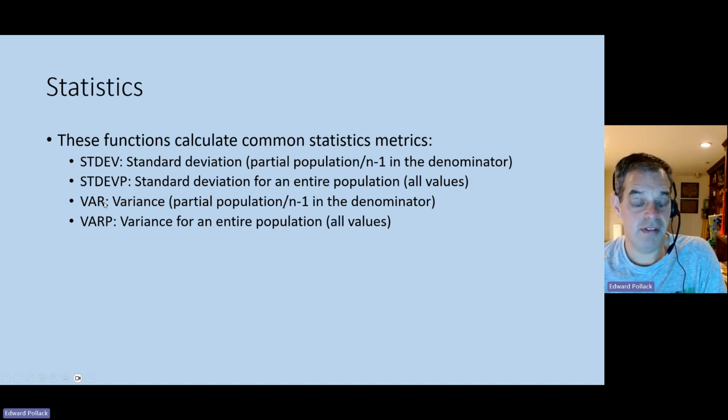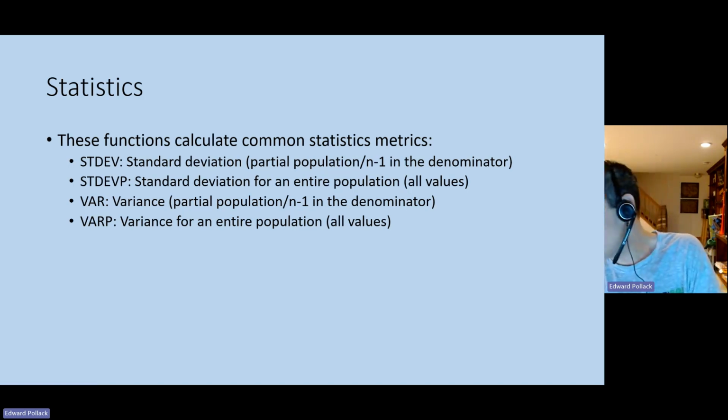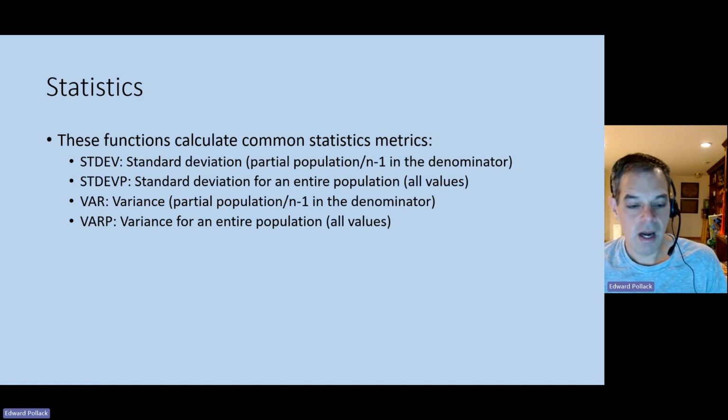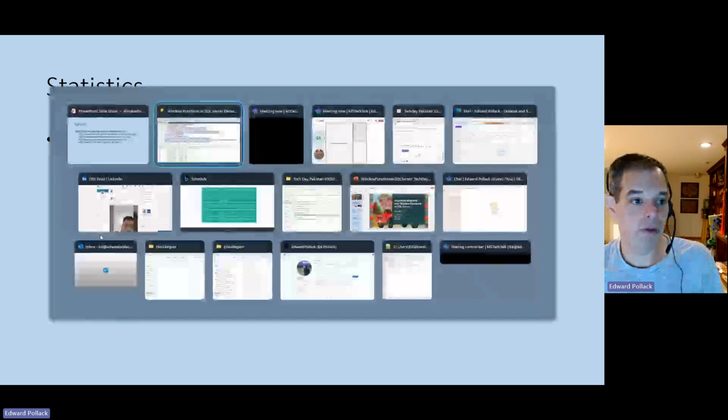You have a data set that is incomplete, and therefore it's going to make a slight adjustment to it. If you do the population version of it, it assumes you have the whole data set and it won't make any adjustments. It's a minor statistical note. It's something you can read about and learn about. I'm not going to really go into that here because we only have 5 minutes and this is not a stat session, but they're both available depending on what you need.